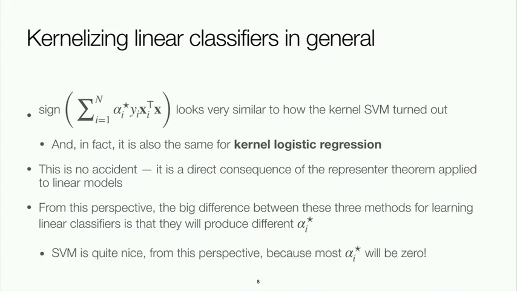So the SVM from this perspective is actually quite nice because most of your alpha i stars are going to be 0. What does that mean? It means that when I'm doing this sum over all of my data points, I actually don't have to consider most of my data points, right? Because that just zeroes out anyway. I only have to consider the data points where alpha i star is greater than 0. As opposed to something like the perceptron, where basically all of the alpha i stars are non-zero, right?